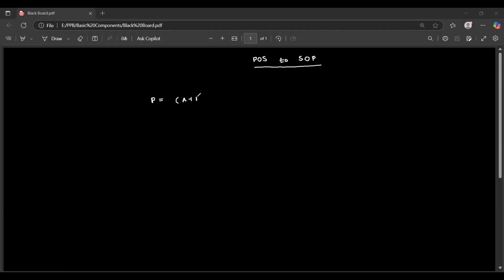A plus B plus C into A bar plus B bar plus C bar into A plus B bar plus C bar. So now what I can do is, I can actually change the structure directly.